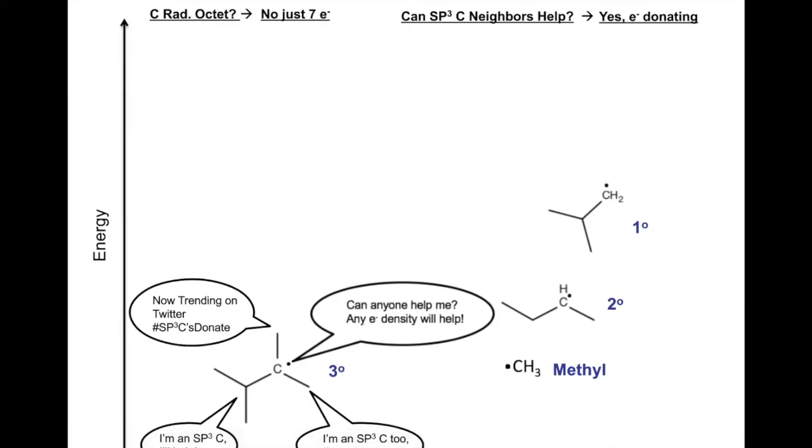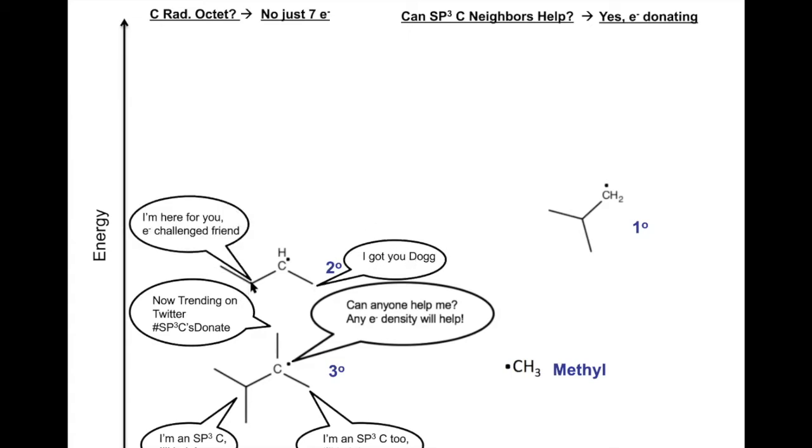What do you think is the next highest in energy after tertiary carbon radicals, the lowest energy? Yeah, the secondary. Because the secondary carbon radical is short electrons, it only has 7, and it's got an sp3 carbon here. And will it help? Yeah, it'll donate. So I got you, dog, double G. And then this carbon here, it's also an sp3 carbon.